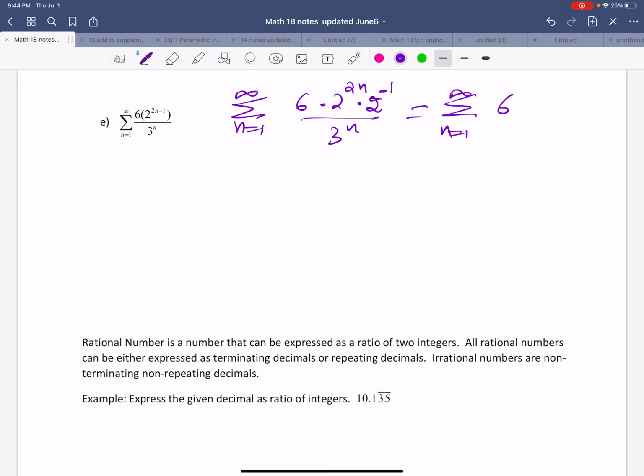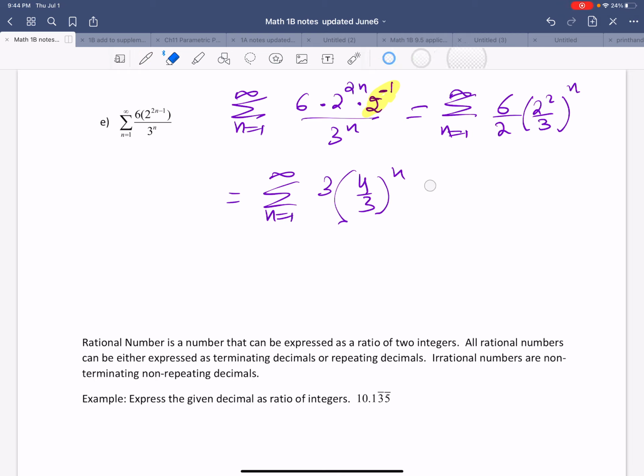I can write it as 6 over 2 because 2 to the negative first power can come down, and I can write 2 squared over 3 to the power n. So it turns out to be summation n is equal to 1 to infinity, 6 over 2 is 3, and 2 squared is 4 over 3 to the nth power. Now here, the common ratio r is 4 over 3, and the absolute value of r is greater than 1, thus the series diverges.